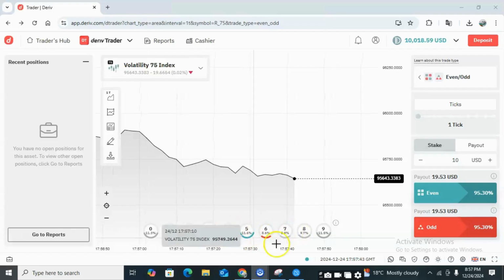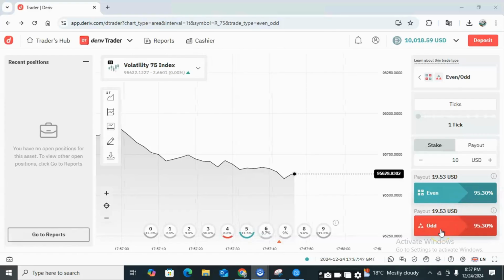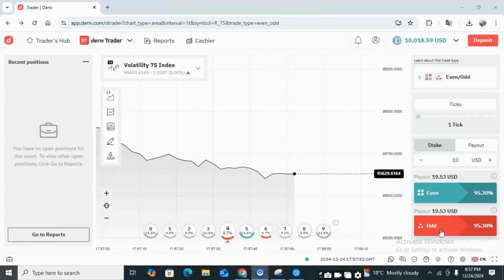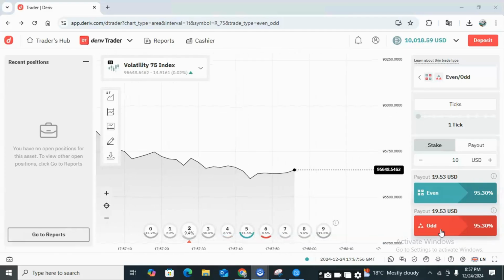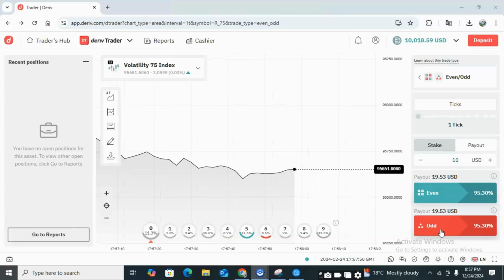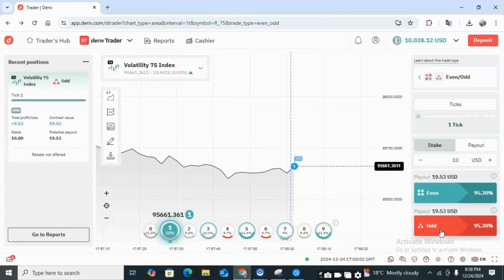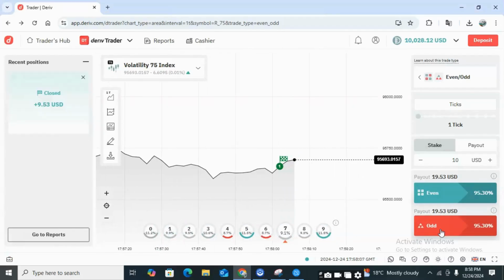Although it's not at 12%, we can try. 6, 7. So let's wait for it to touch even numbers, and then 4, 1, 2, 0, 6. So those are even numbers 3 times. That's a win for the odd market.